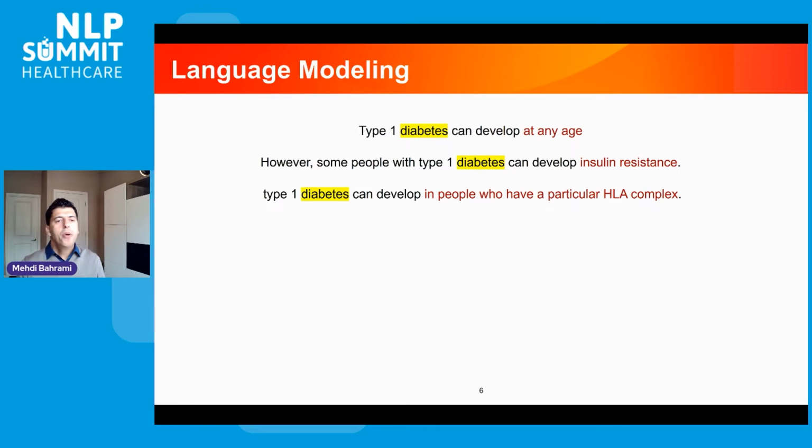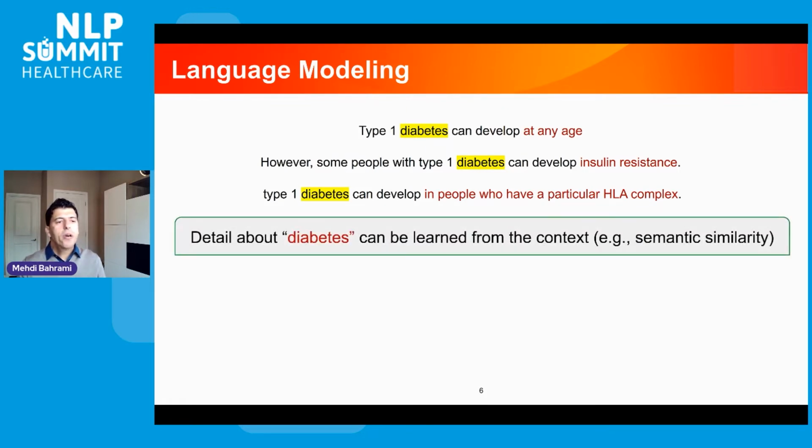So now we are looking to understand diabetes, and the word diabetes can be learned from the context. For instance, we can understand the semantic similarity for diabetes, or what could possibly fill these red color appearances.